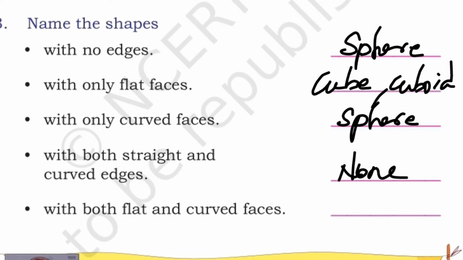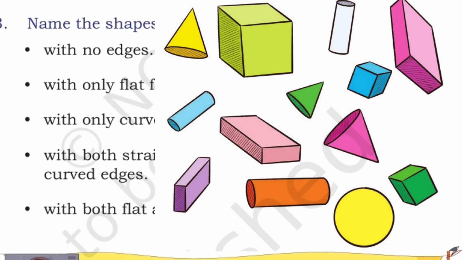The last question, with both flat and curved faces. We need to find which one has both flat and curved faces. The first one is the cone. See here, we have both flat and curved faces.